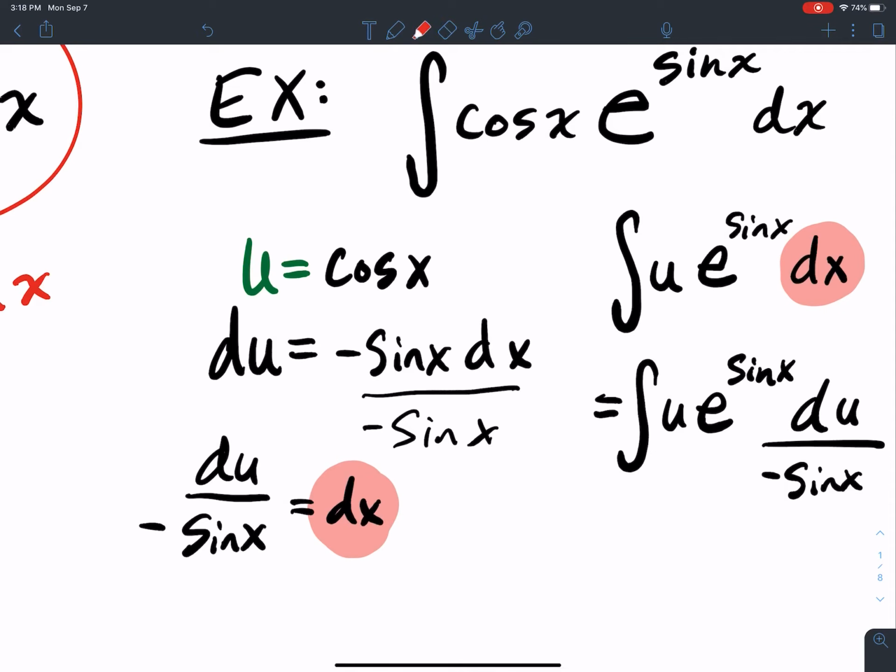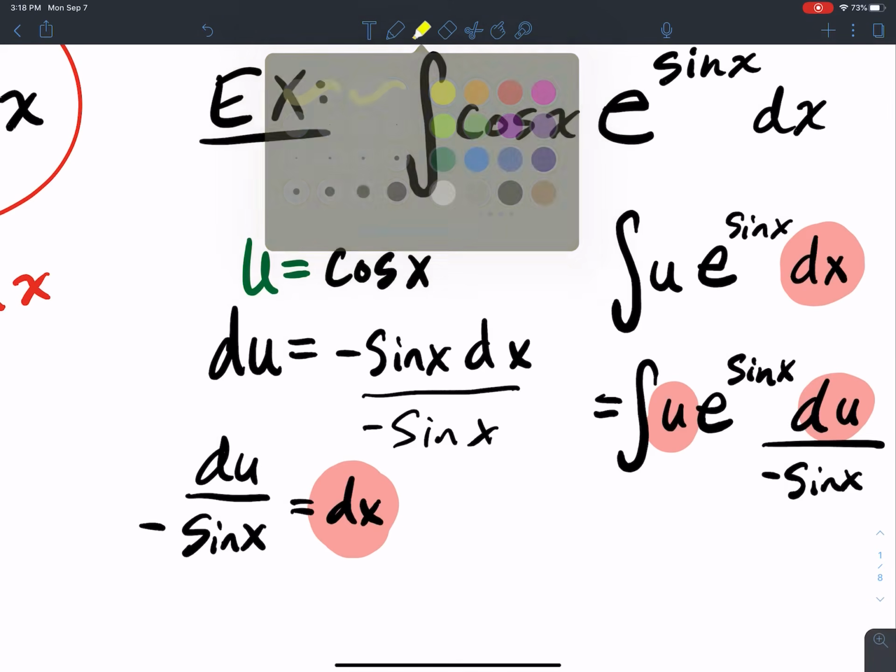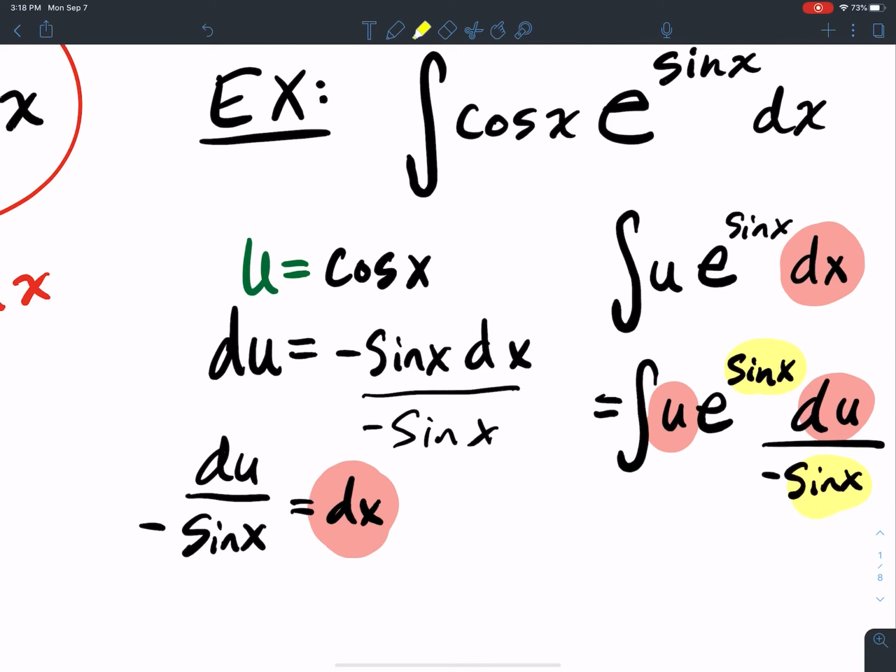Okay, what's wrong here? I have u's here, but then I also have x's here, and that exponential doesn't cancel with this denominator here. So I don't have it fully in terms of u in this integrand.